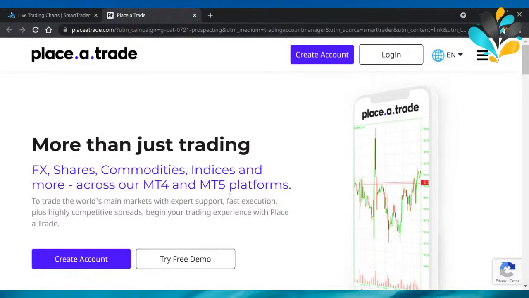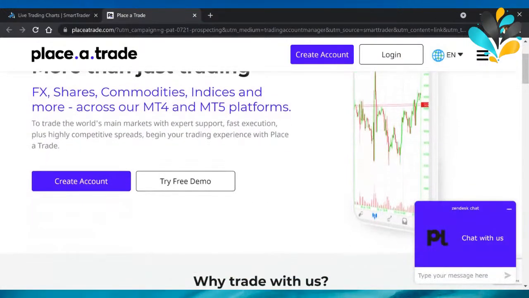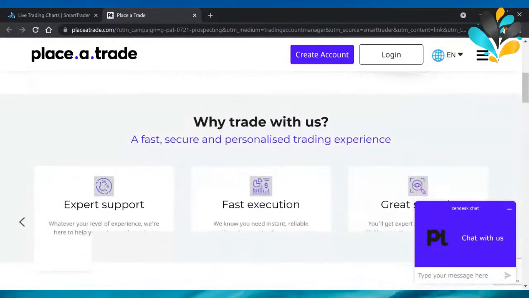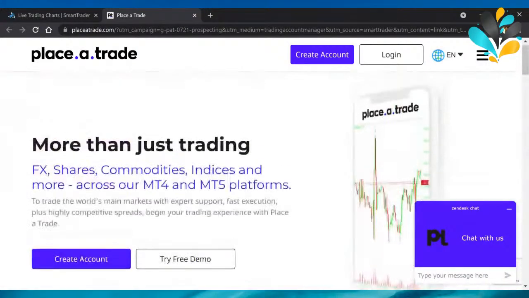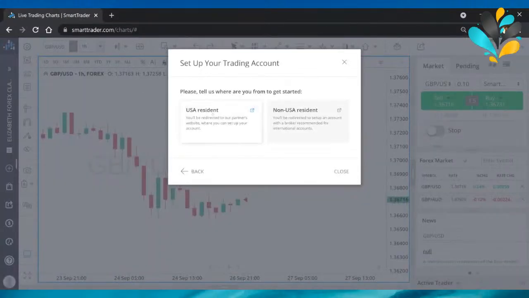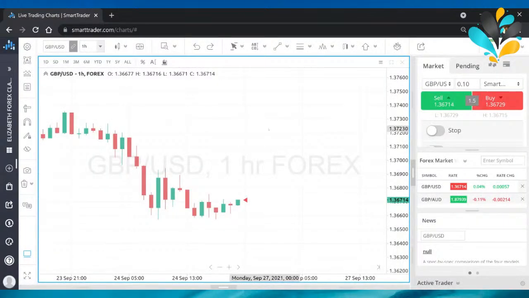So you can see they have an entire section where you can actually sign up with their recommended broker, or you would be able to just connect your account. So we're going to get to that another time on how you would actually create the account.